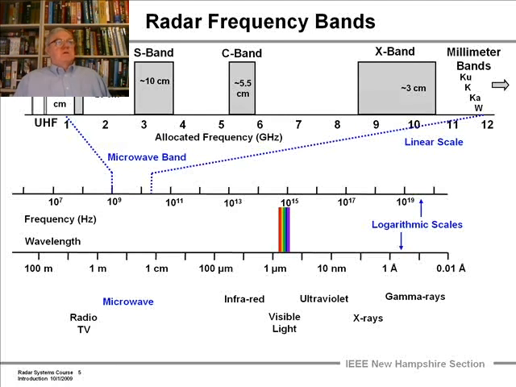So this points out that there's a very wide frequency extent and wavelength extent that radars operate over. Okay. And we're going to be looking at all the different properties at the different wavelengths and frequencies.